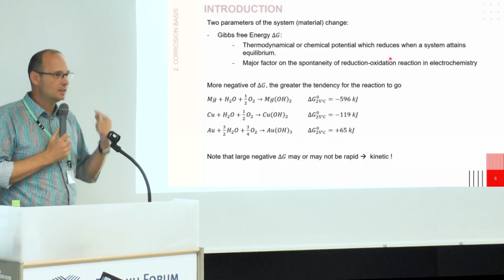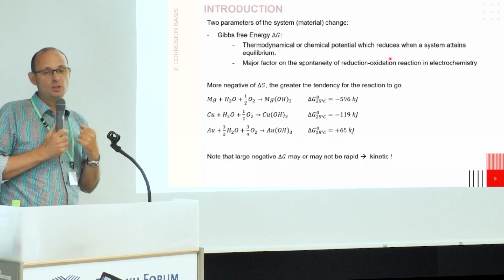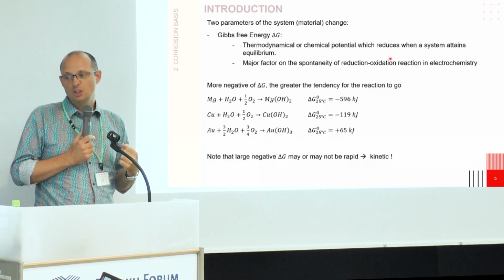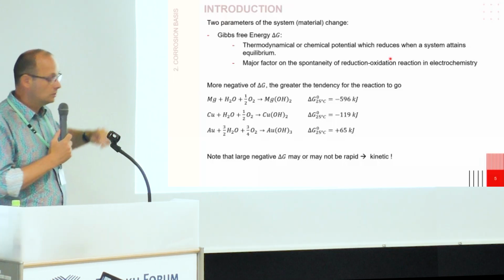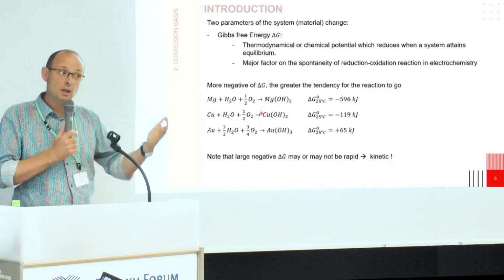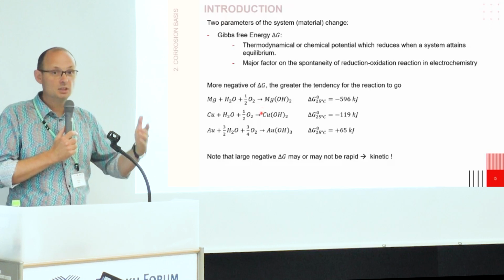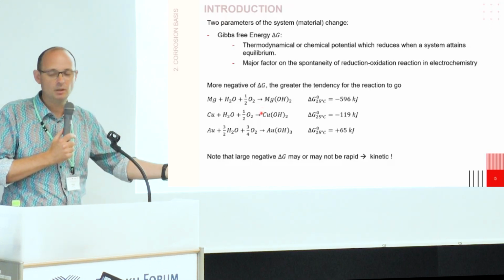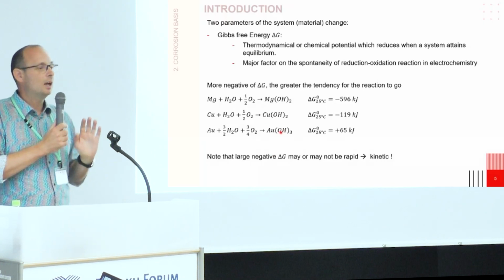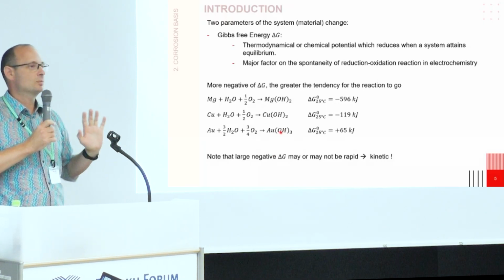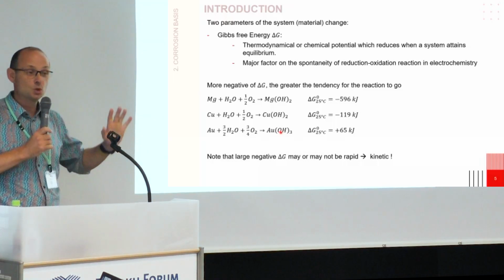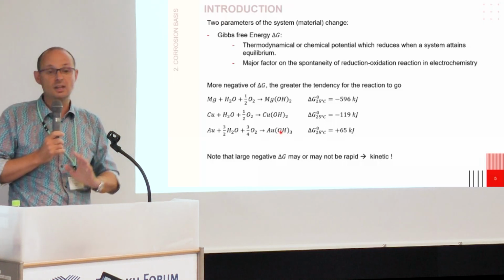So that means for some reactions, we have a negative value of Gibbs energy. That means that the reaction that we are looking at, for example, magnesium and copper, thermodynamically, they have to happen. In the opposite, without applying any stress or any constraint, any load on the system, for gold, we should not have hydroxide on gold.